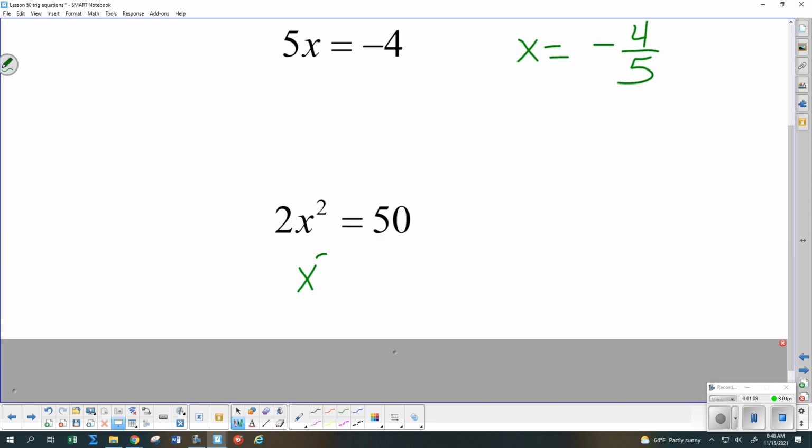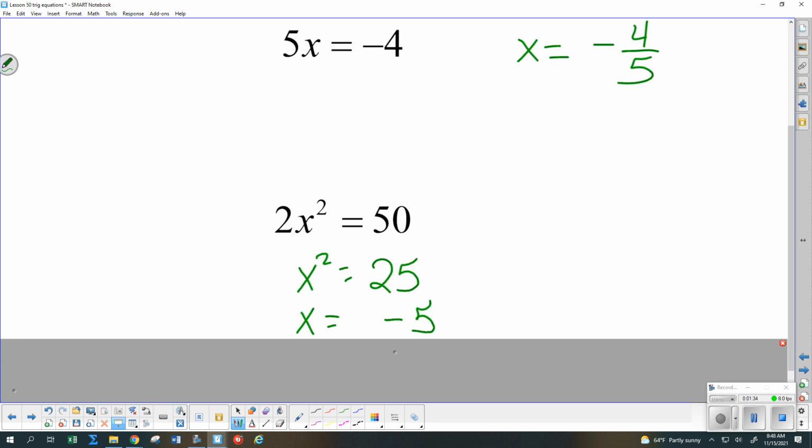So x squared is 25, and if I said x is -5, have I solved it? Why not, Kane? Okay, so solving doesn't mean find one answer that makes it true. It means find all of the answers that make it true.